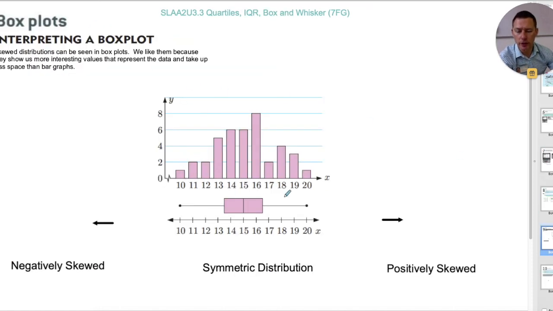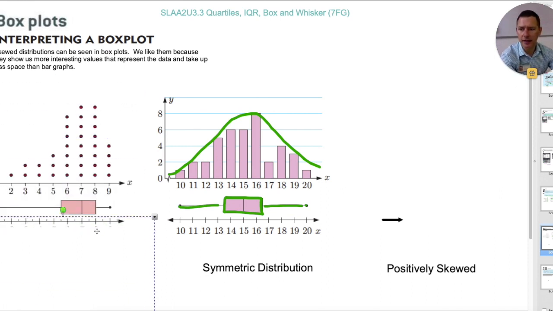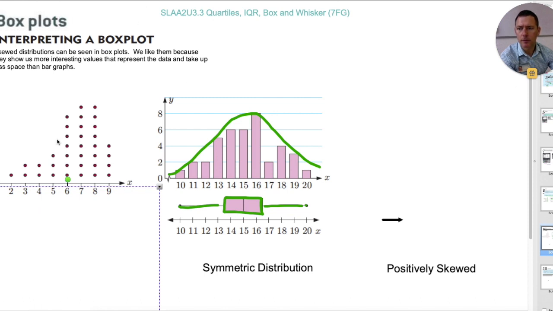So if you looked at this data, this has kind of a nice curve, and this is symmetrical, and these are about the same distance out. If you have a negatively skewed data set like that, it kind of looks like somebody pulled the tail on this one towards the negative side.